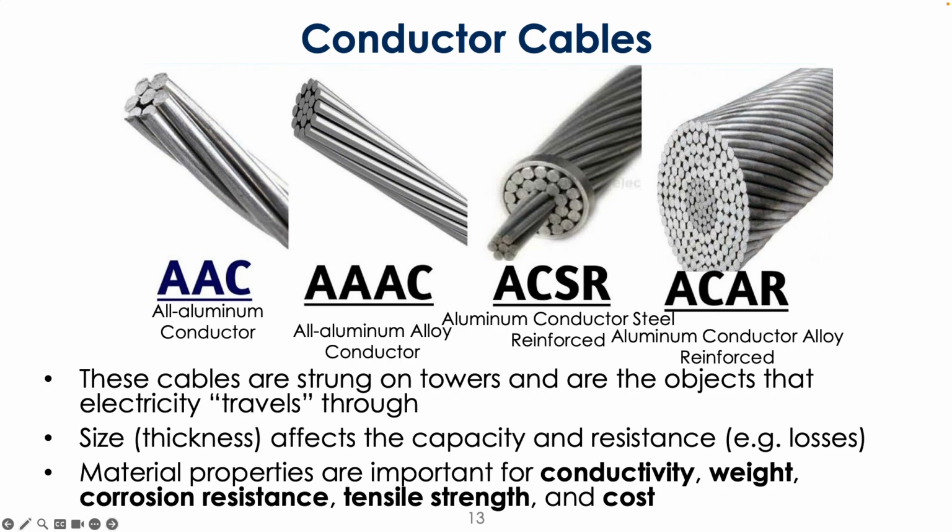So conductivity, weight, corrosion, tensile strength, and obviously cost. These are the set of attributes that you would want to think about as you decide on the material for your conductor cables.